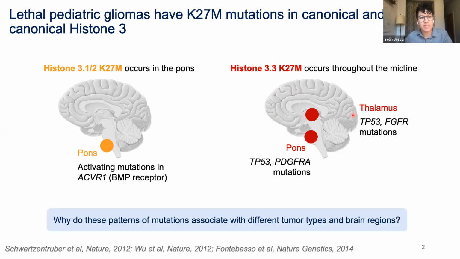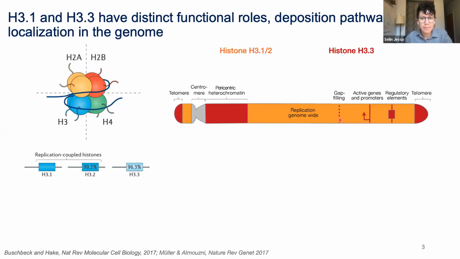One of the driving questions has been, why do these patterns of histone 3 mutations associate with different tumor types and brain regions? Histone 3.1 and 3.3 are different variants of histone 3, and histone 3.1 in particular is coupled to the cell cycle, so it's only incorporated into the genome during S phase, whereas histone 3.3 is cell cycle independent.